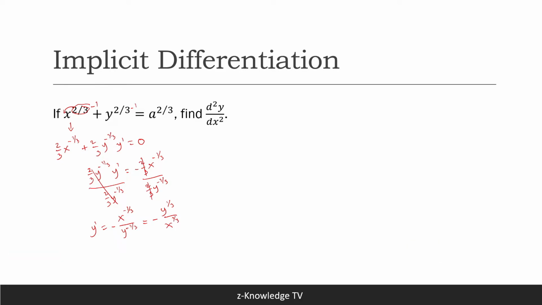Okay? Pero, ang hinahanap kasi natin is d squared over dx squared. O yung tinatawag natin na y double prime. So, ibig sabihin, i-differentiate natin to. Okay? So, differentiate ng y prime is y double prime is equal to, so, sulat pa rin natin negative. Okay?